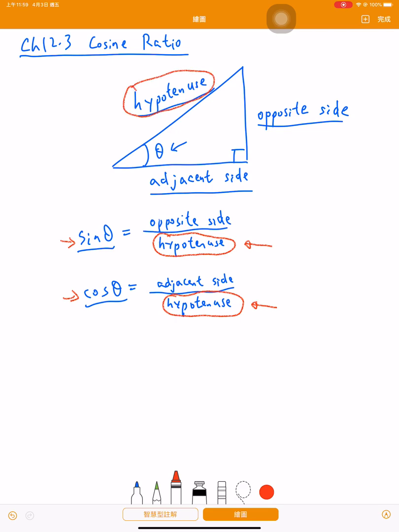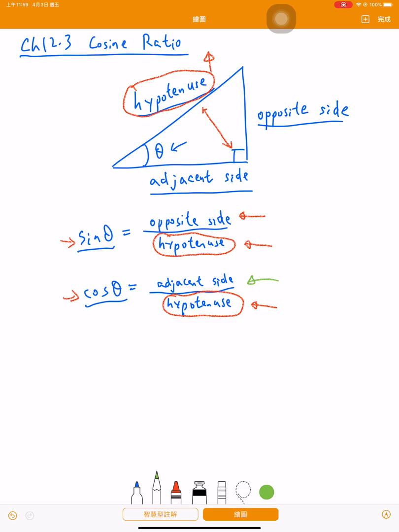That is the longest length in the right angle triangle. Also, you can find the hypotenuse easily because it is opposite to the right angle, and it is the longest one. Then for sine theta, the numerator will be the opposite side, right? For cosine theta, the numerator is the other side, that is the adjacent side.